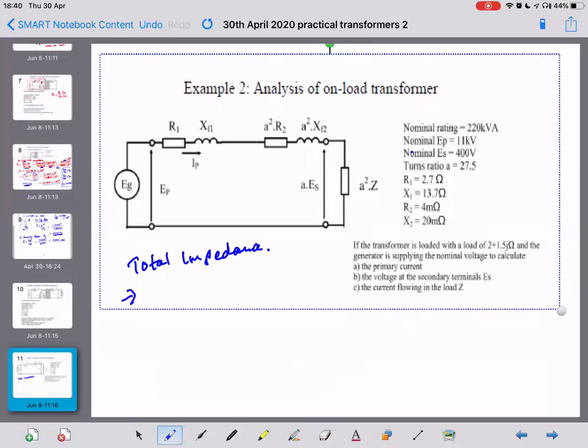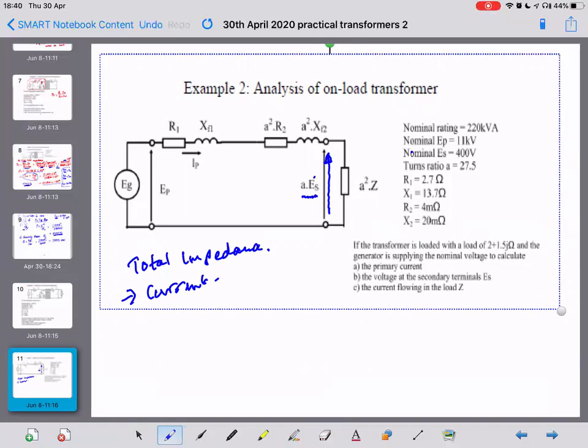That would give you the primary current, yeah? Then you're being asked to find this voltage, but what you're going to find is A times ES. So then you've got to find just ES.